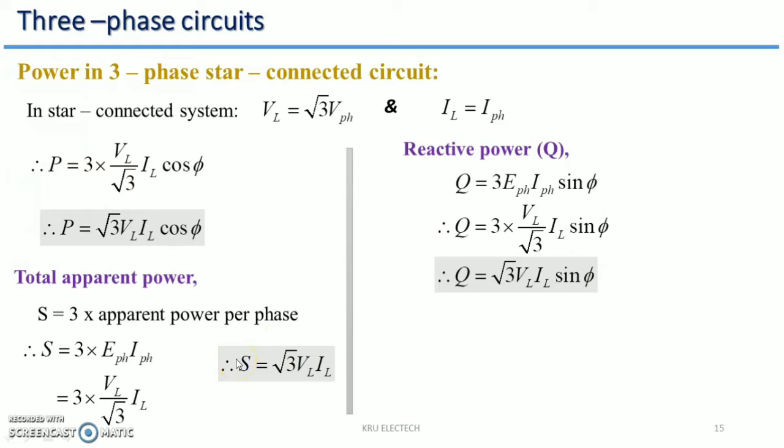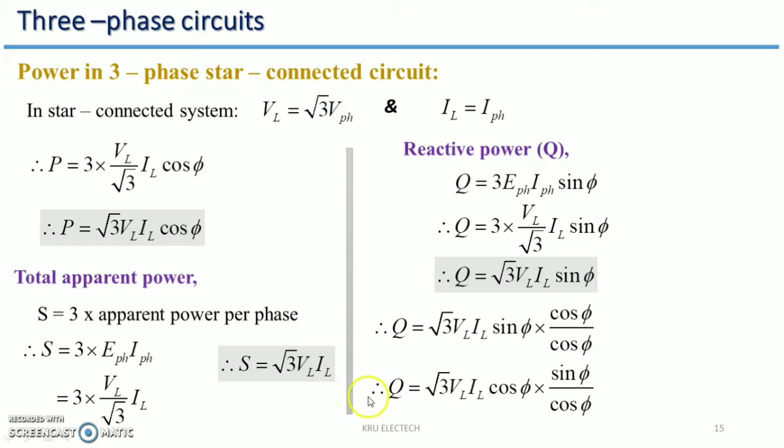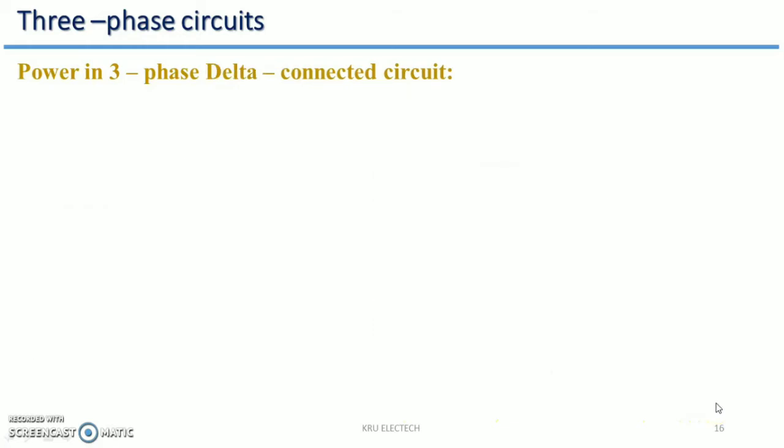You already know that, so no need to explain. Q equal to root 3 VL IL sin phi, where cos phi comes out, and Q equal to P into tan phi.